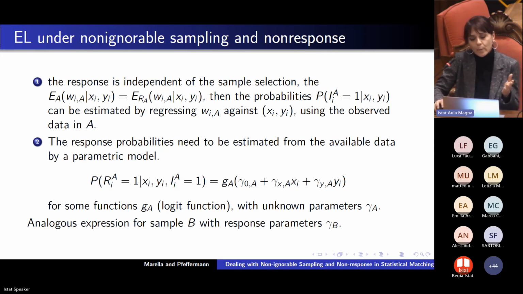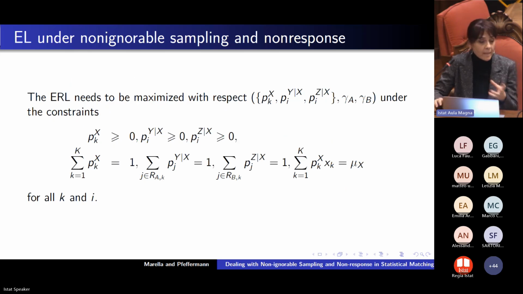And in sample B, the response probability will depend on unknown parameters gamma_B. And now this means that the empirical respondents likelihood needs to be maximized with respect to a larger set of parameters, that is, the population parameter, this probability, and the response parameters in A and B, respectively, under this constraint. The last constraint is the calibration constraint, assuming that the population mean of X is known.